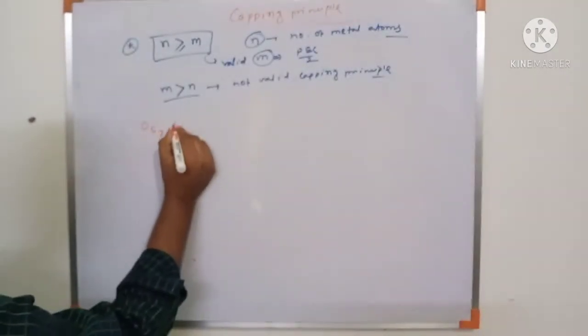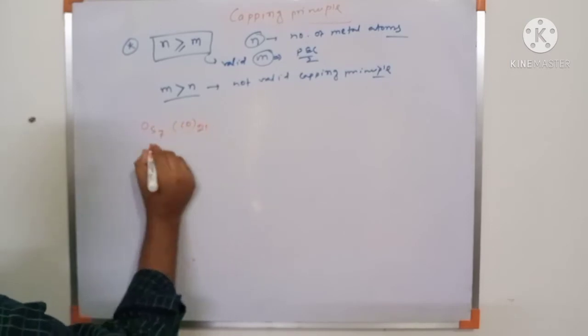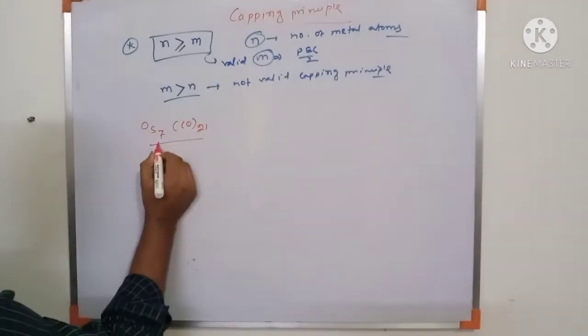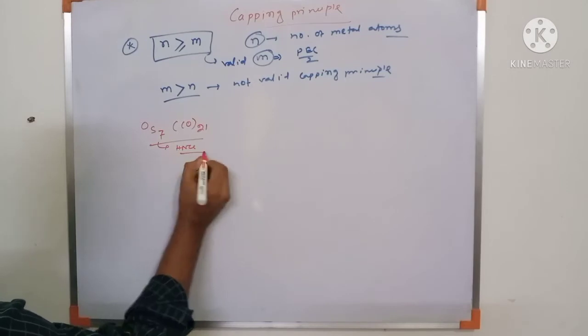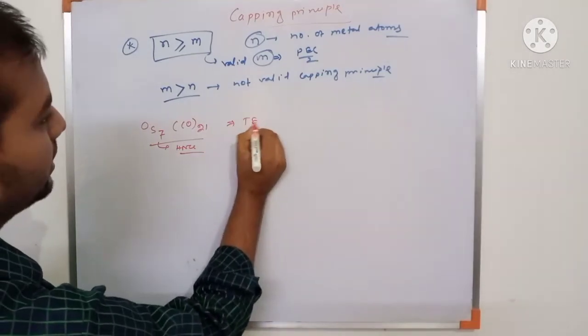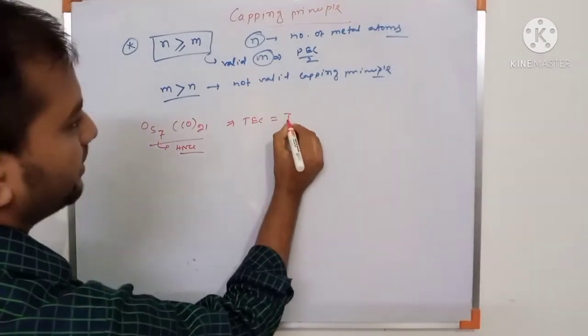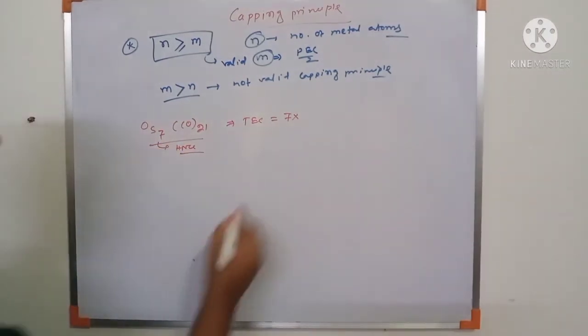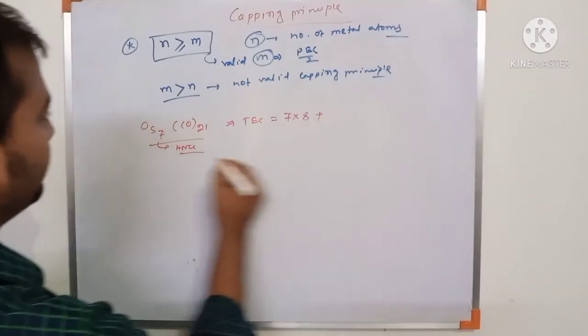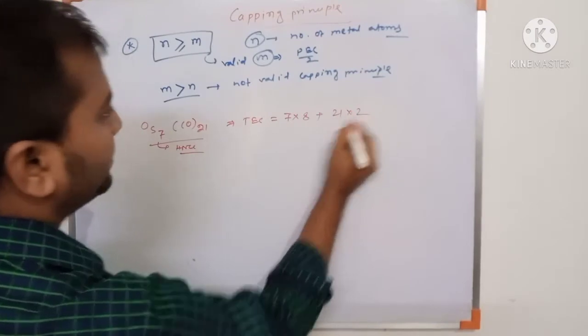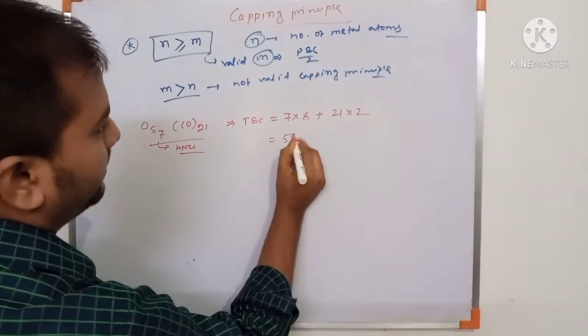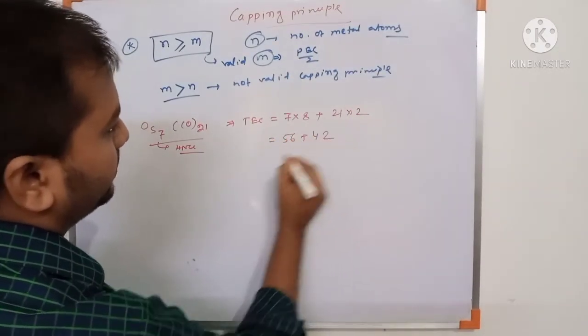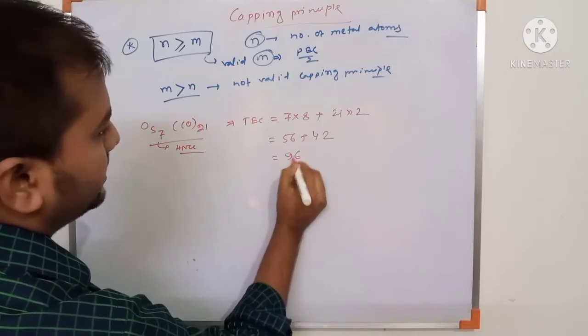Os7(CO)21. The number of metals is 7, so this is a high nuclearity carbonyl cluster. First calculate the total electron count. This is the iron family, so total valence 8 into 7 plus 21 into 2 equal to 56 plus 42 equal to 98.